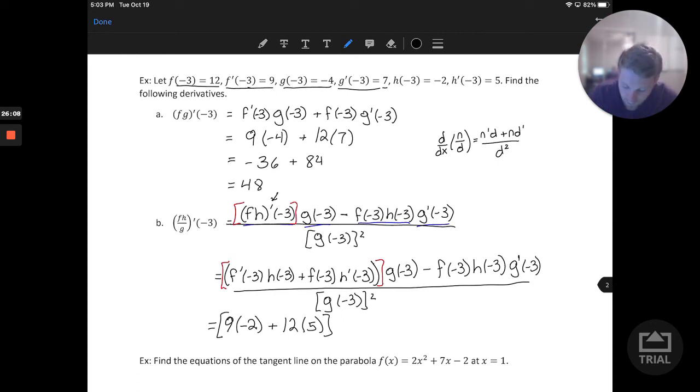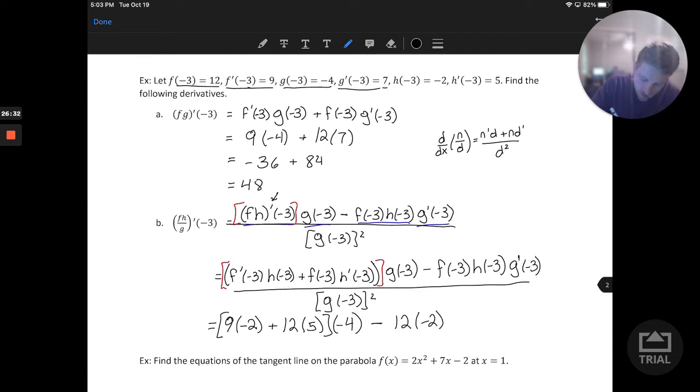So g of -3 here is -4. Subtract f of -3, that's 12, times h of -3, that is -2.